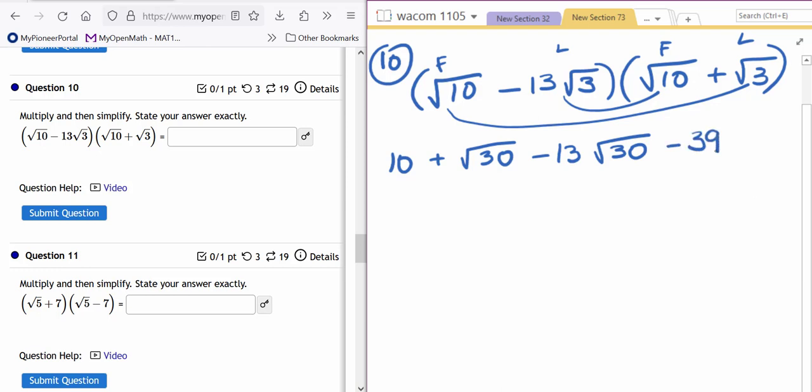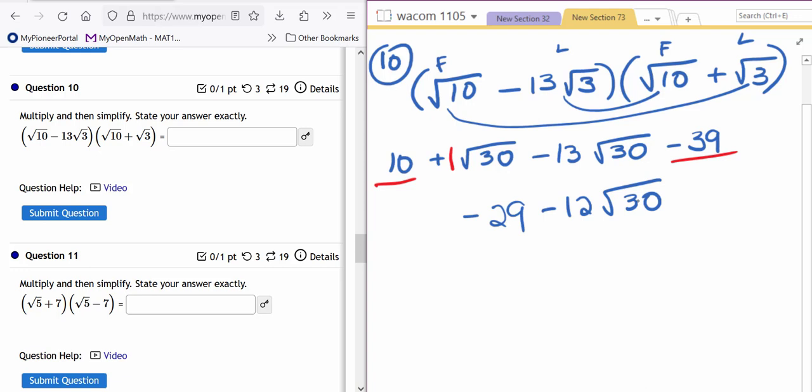All right, now we're going to put radicals together. And so our constants, these are going to give us negative 29. For your radicals, remember this is a 1 in front. So 1 minus 13 will be a minus 12 times the square root of 30.